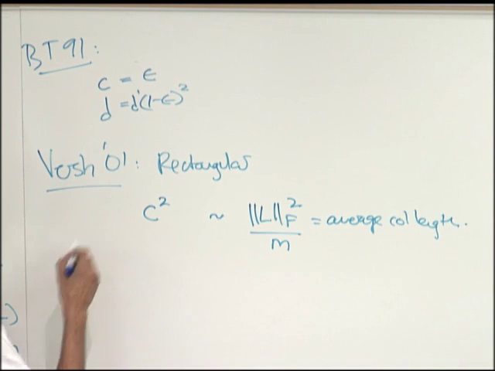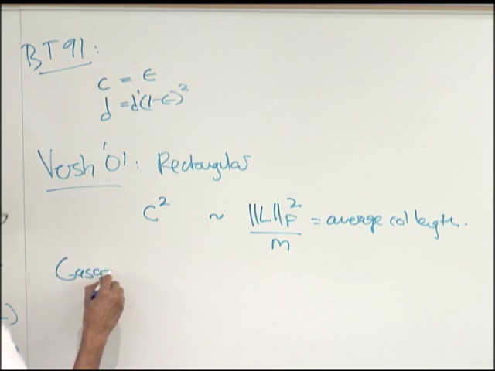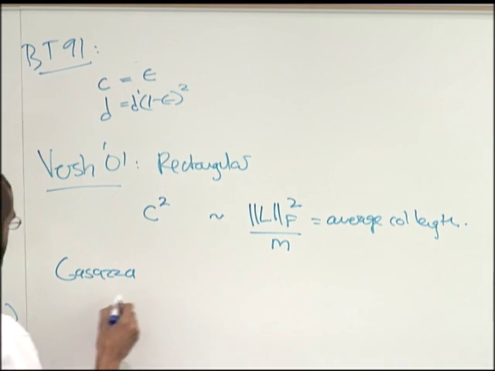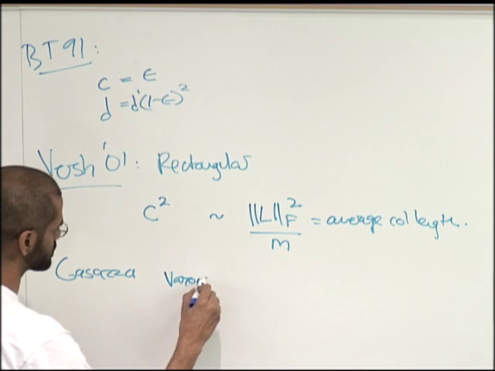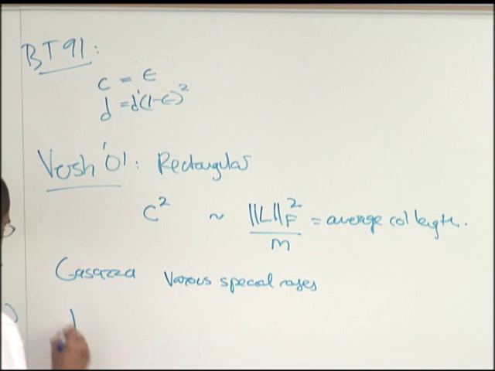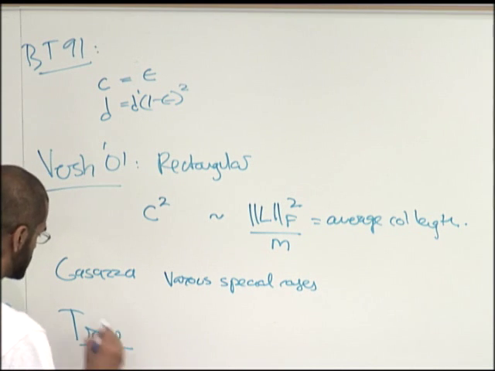And then there are some other results. There are many papers by Casazza and his collaborators that tweak these constants C and D for various special kinds of matrices and get better bounds for them. And then there's a result of... When did Casazza write about this?